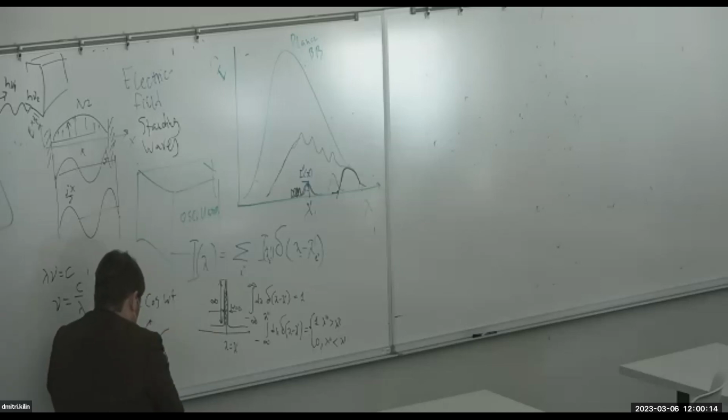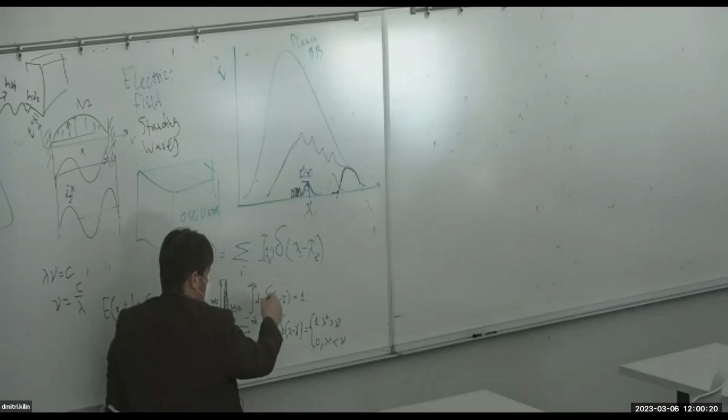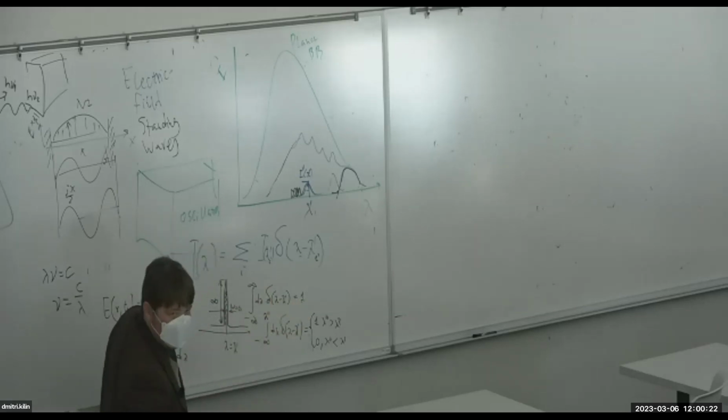The integral and the delta function of some variable again cancel each other and give a number. You see the connection. Dirac delta and Kronecker delta have similar properties.